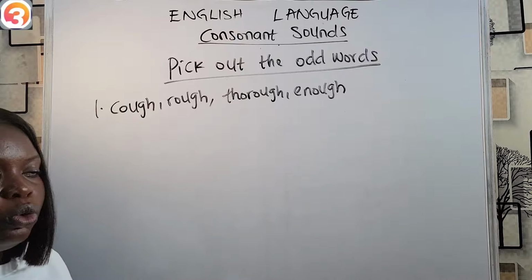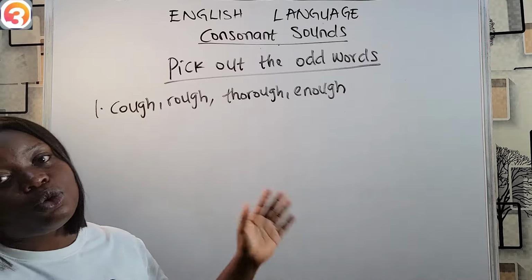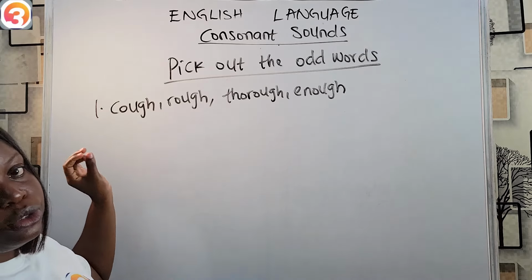It is important to always remember that we do not only have vowel sounds, we also have consonant sounds. So if you are looking for similarities, don't just dwell only on the vowel sounds.